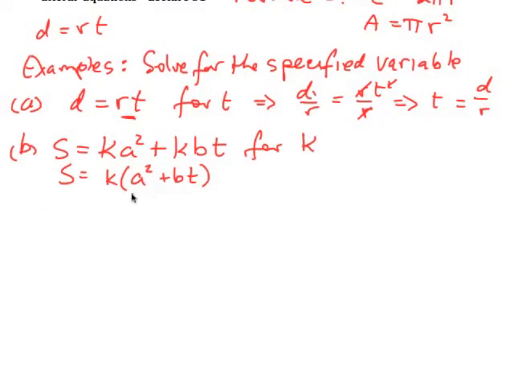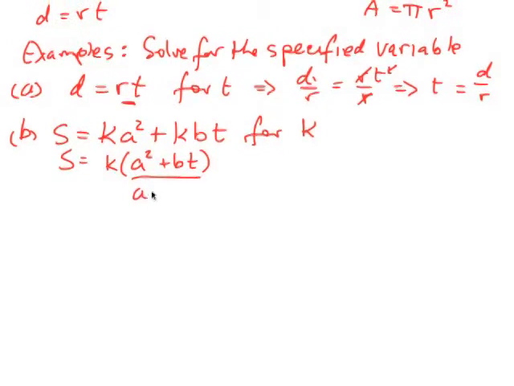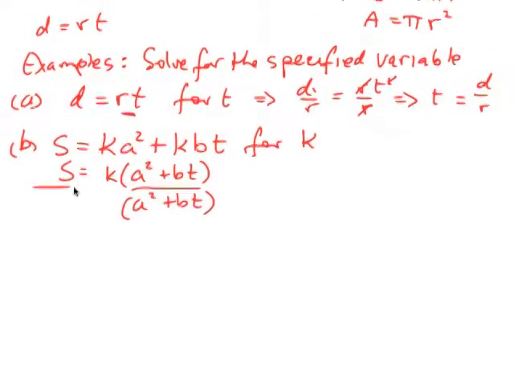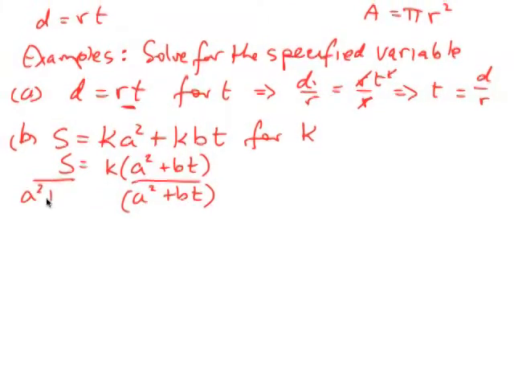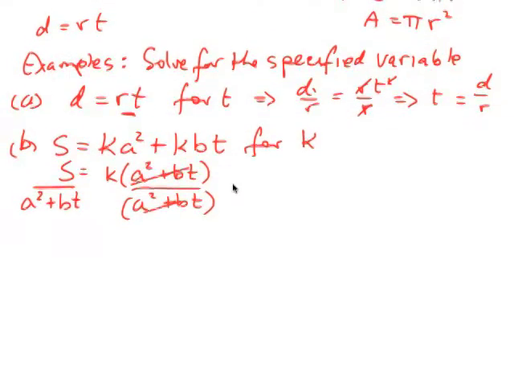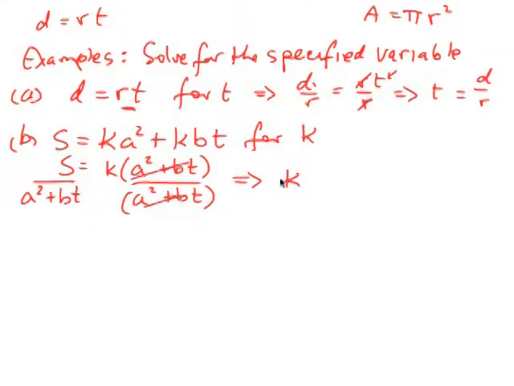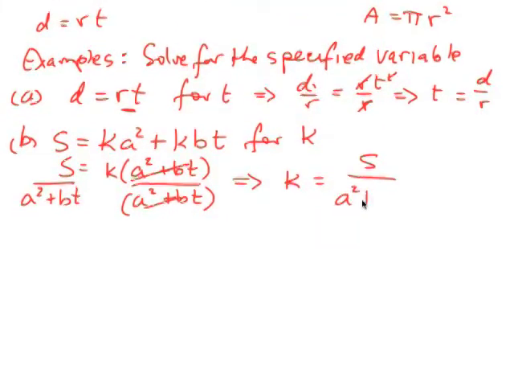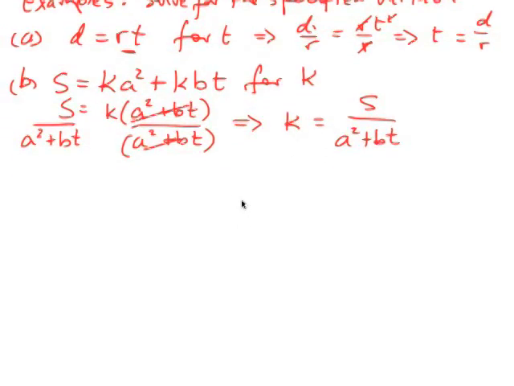Now be clear that this is just some numerical quantity, so I can divide both sides by this quantity given by a squared plus bt. Of course this cancels here, so k is now by itself and is equal to s over a squared plus bt. And so we've now isolated k.